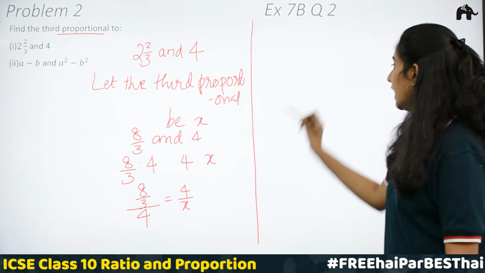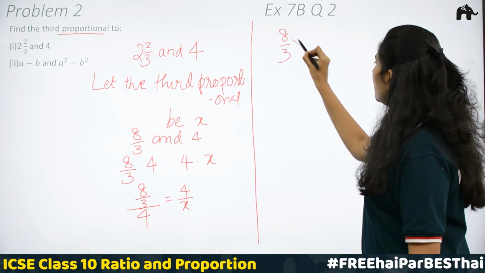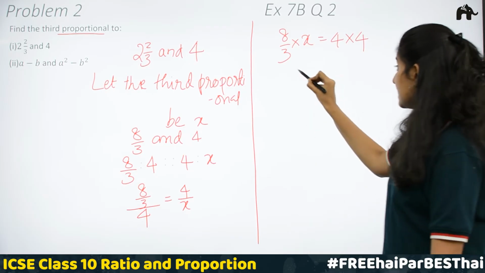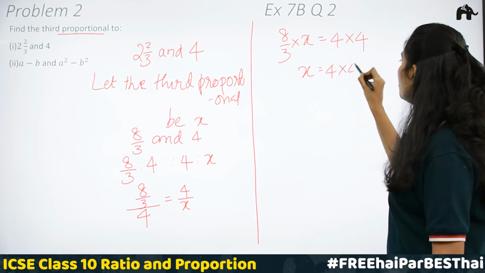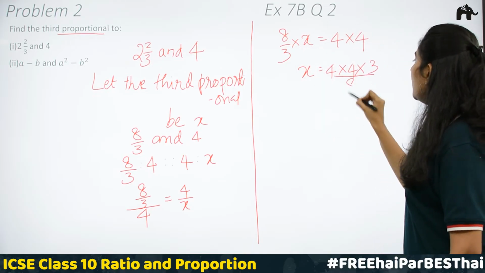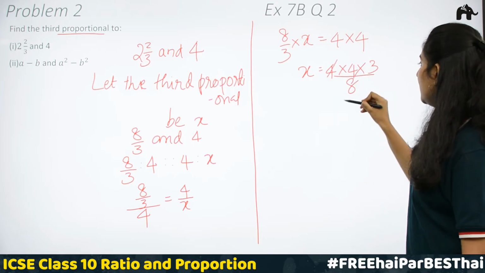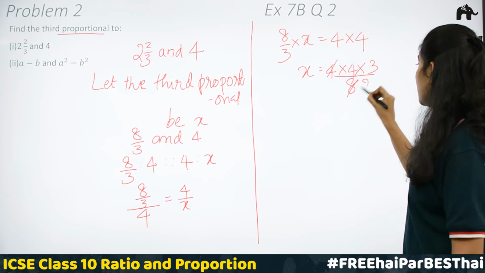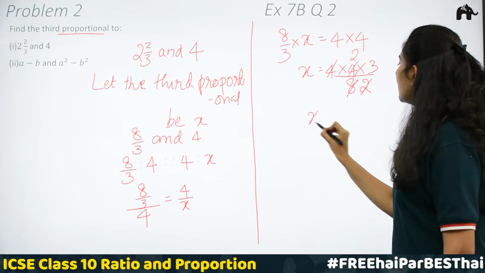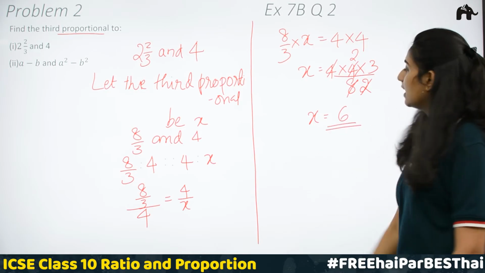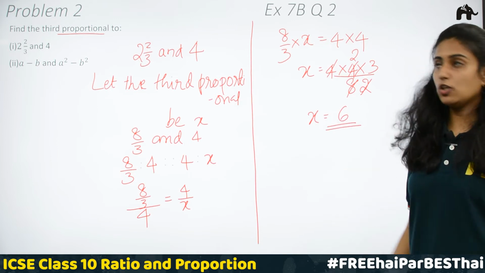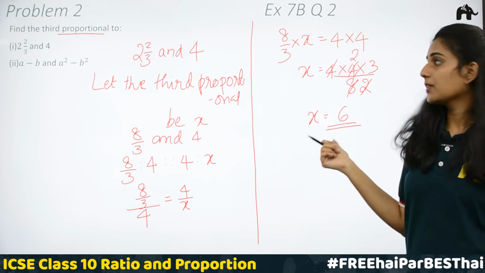Cross multiplying, we get 8 by 3 into x is equal to 4 into 4. x is equal to 4 into 4, taking the reciprocal and multiplying, that is 3 divided by 8. 4 and 8 can be cancelled. 4 2s are 8. 2 and 4 can be cancelled. 2 2s are 4. So the remaining we have x is equal to 6, where x is the third proportional. We got the third proportional as 6.